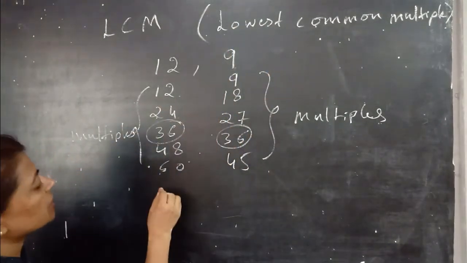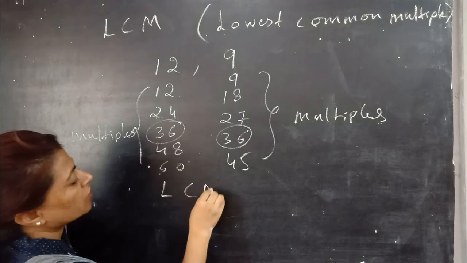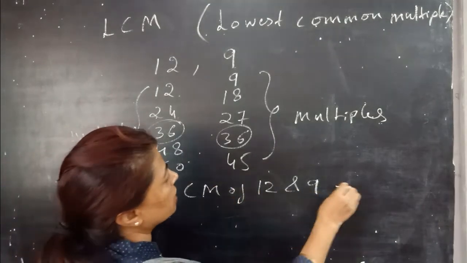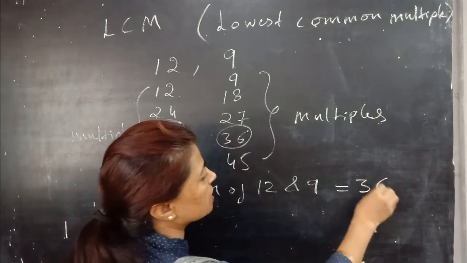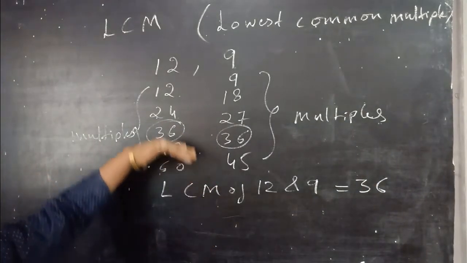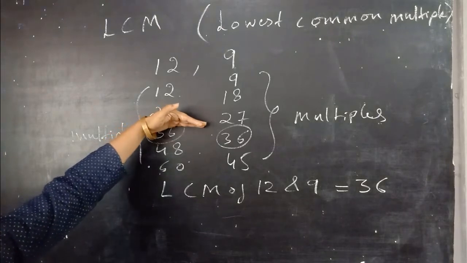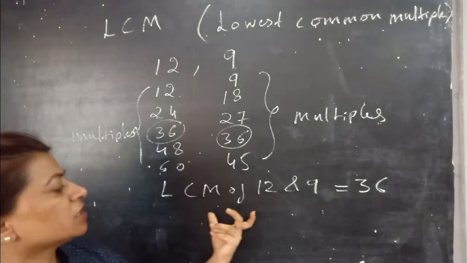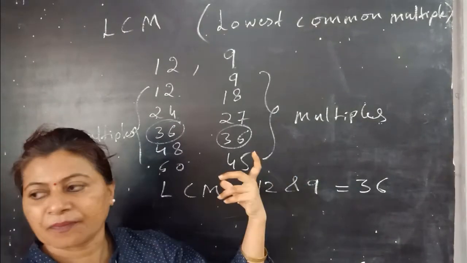So the lowest common multiple of 12 and 9 is 36. Some more multiples you can find, but the least one is 36. So that is why 36 is the LCM of 12 and 9.